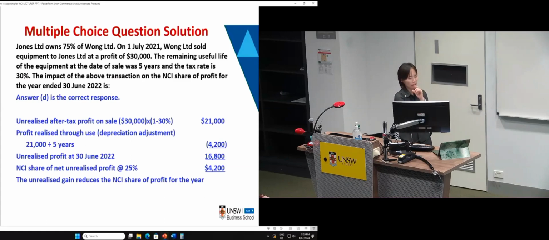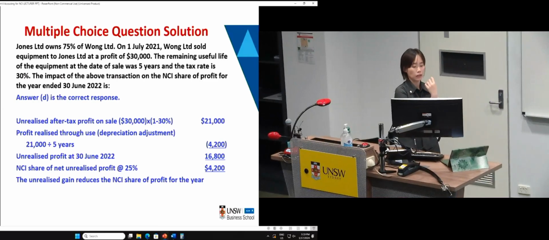Now, it's very important we understand that the unrealized profit for transferred PPE will be realized progressively through the use of the item by adjustment of depreciation. Okay. Now, if the seller is a subsidiary, then the subsidiary's equity account will be affected by those adjustments.